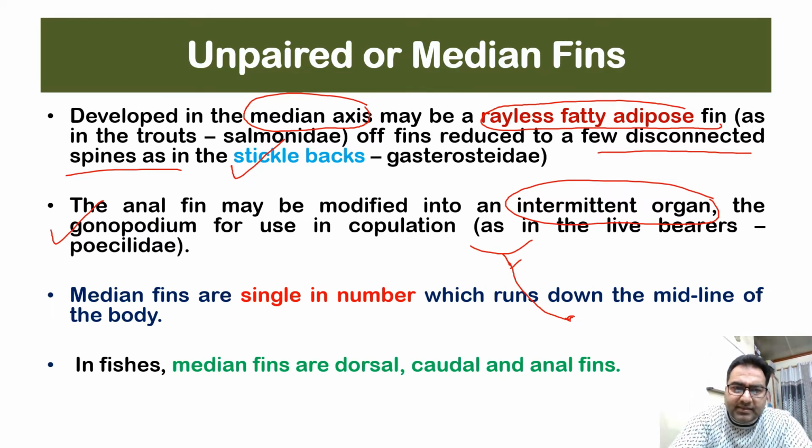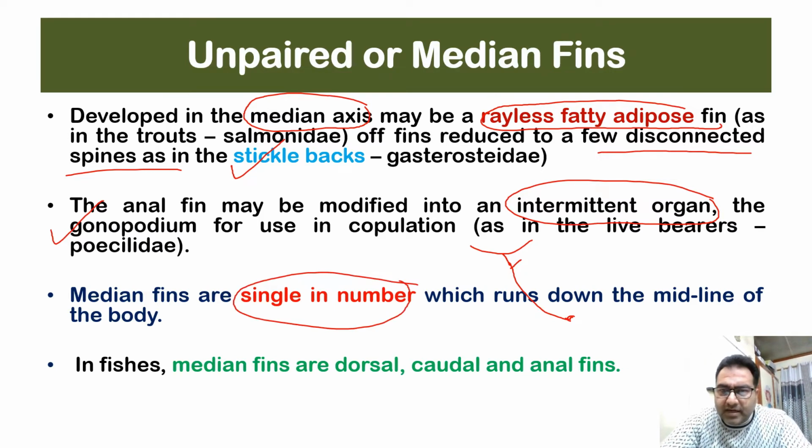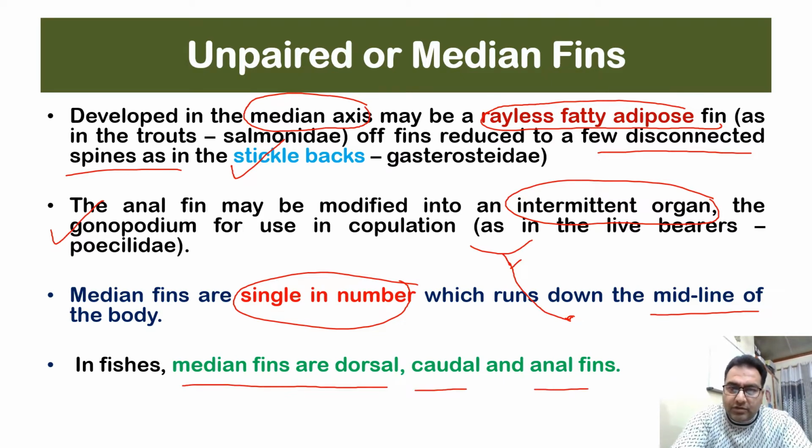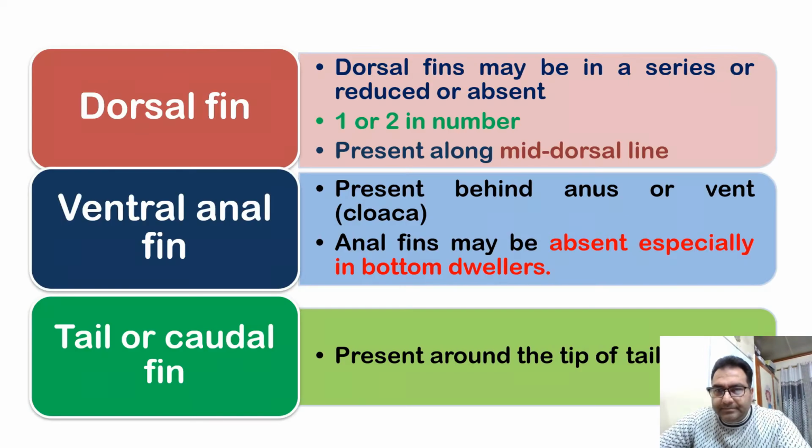Median fins are single in number and run down the middle line of the body. In fishes, median fins are the dorsal, caudal and anal fins. They are unpaired and we call them the median fins. Dorsal fins may be in a series, reduced or absent.